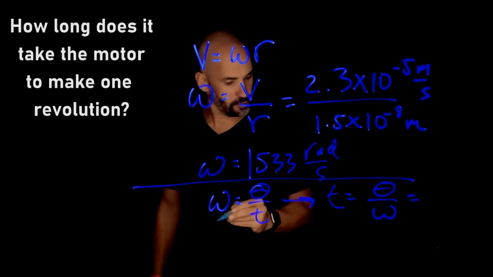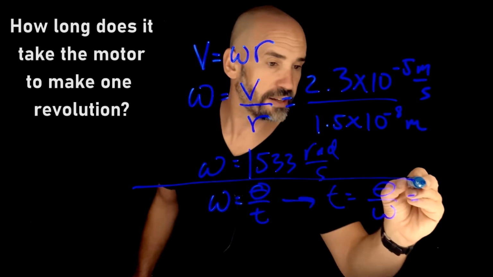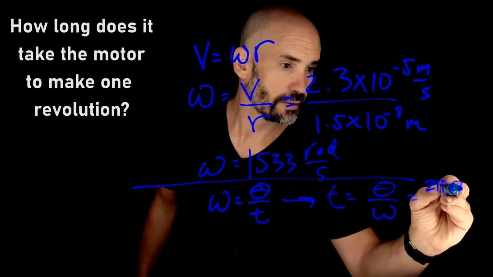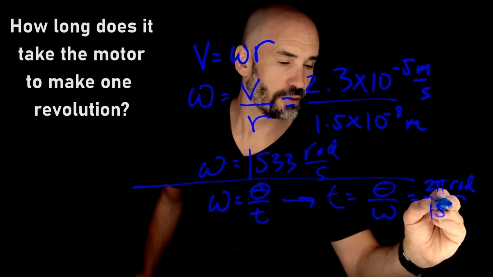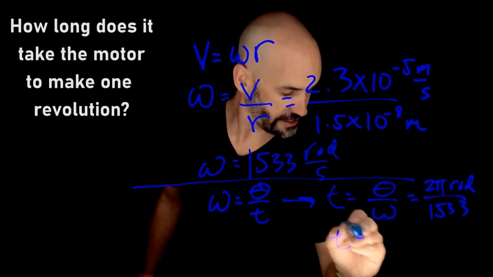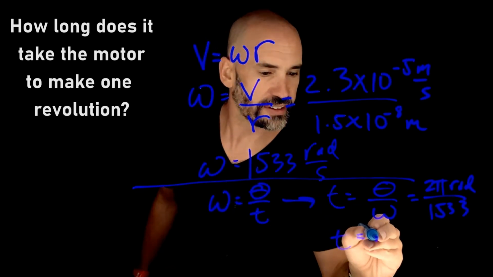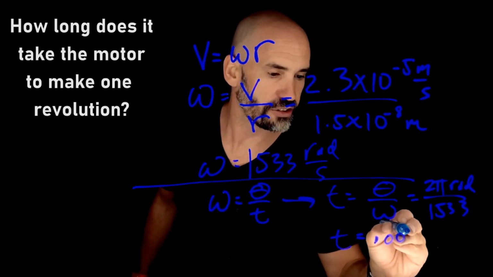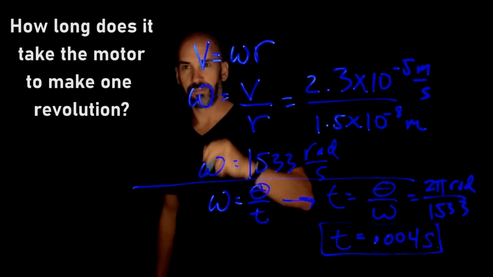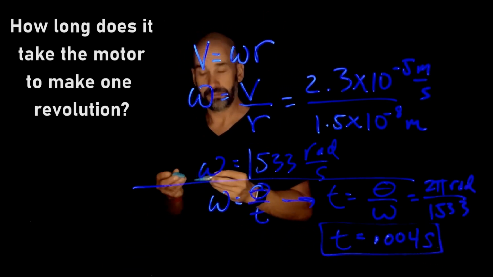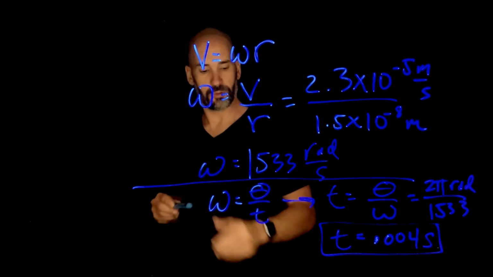One revolution, as we know, is 2 pi radians, and we know that the angular speed is 1533. So it should take just a tiny fraction of a second, 4 milliseconds, to make one full revolution. Again, remarkable. Life's really cool how it works.